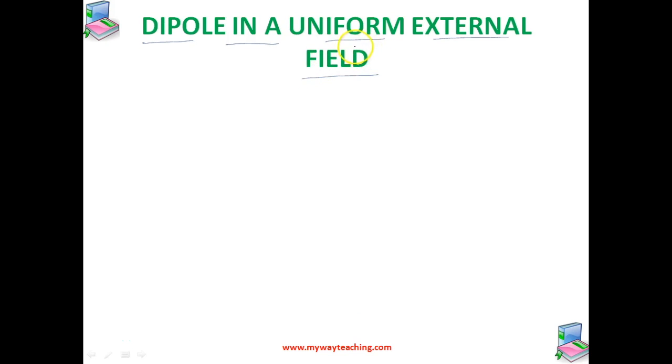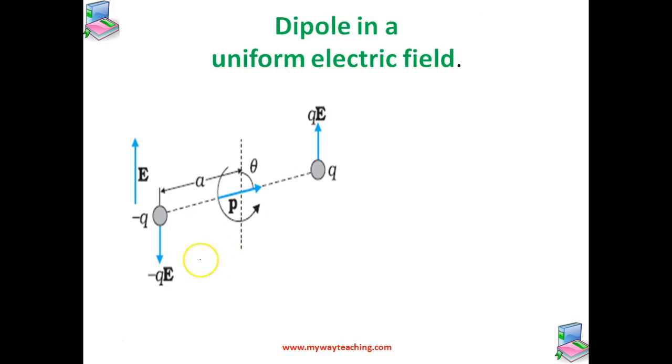In order to understand this concept, you just consider a permanent dipole of dipole moment P in a uniform external field E. As you can see here, this is a dipole, plus Q and minus Q, and we are assuming this in a uniform electric field E. And there is a force QE on plus Q, and there is a force minus QE on minus Q. So the net force on the dipole is 0.